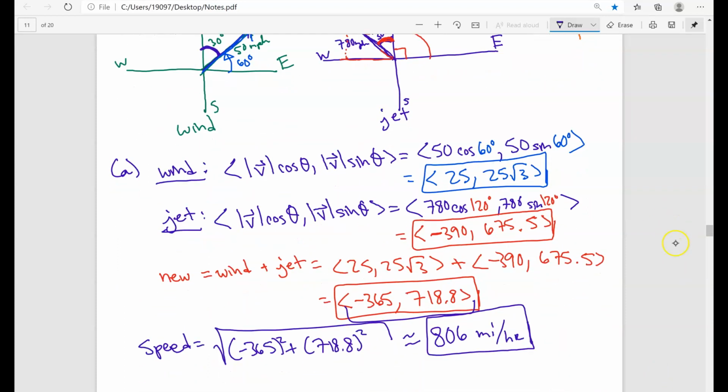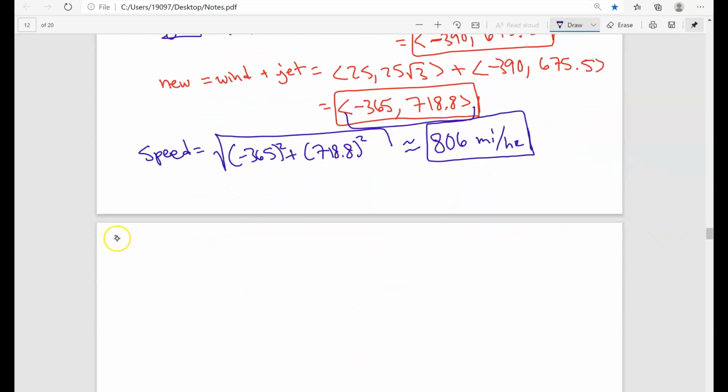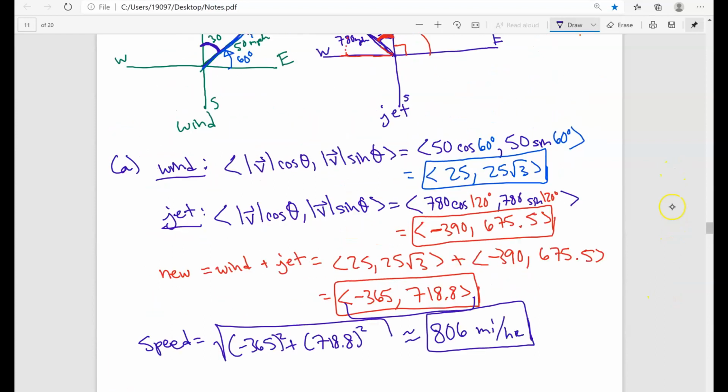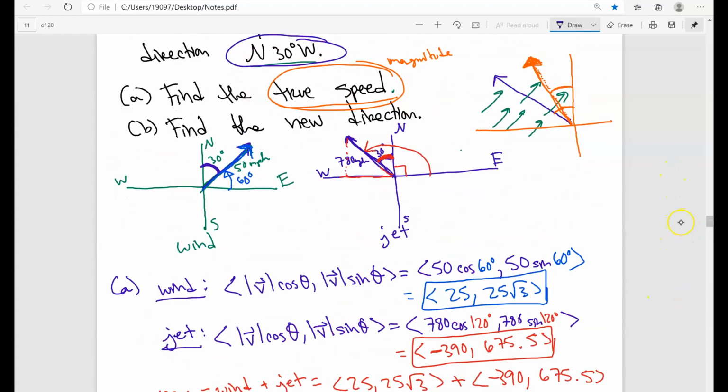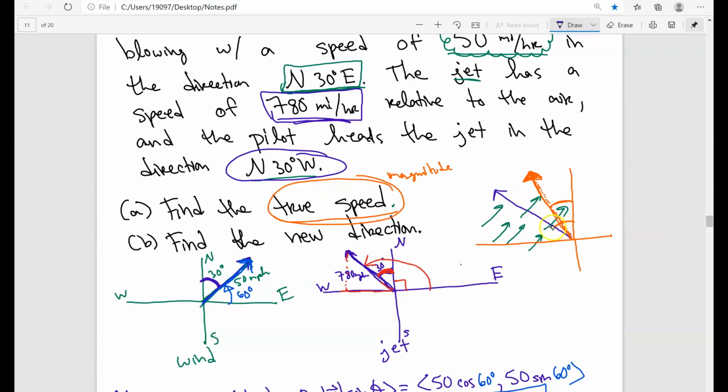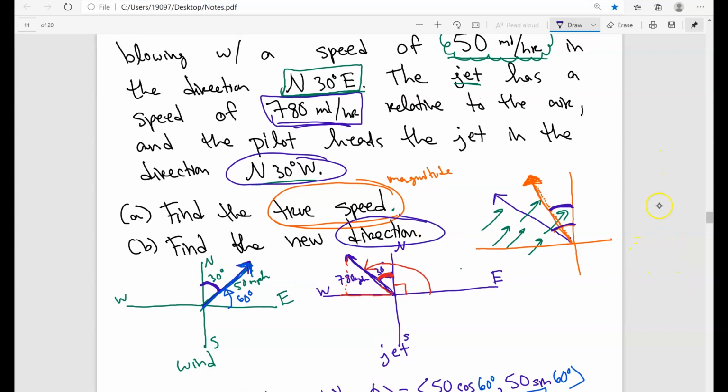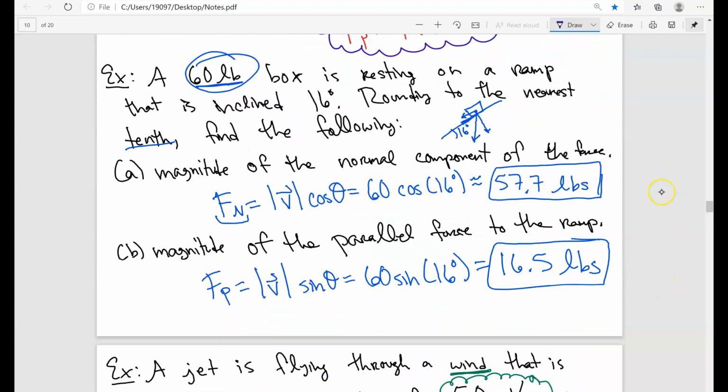Okay, so now we want to do part B, and we want to find the new direction. So basically what we're looking for is this new angle. We said that the angle is no longer going to be 30 degrees. It's much less than that. So we know that the answer should be less than 30 degrees. So remember, how do we find the direction?